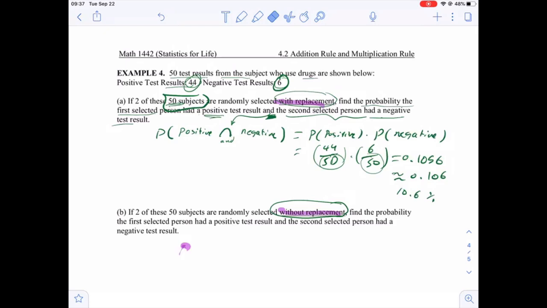So for the first one, the probability that the first is positive and the second is negative, in this case without replacement, is the probability of positive times the probability of negative. We still have independent answer, because if the first one is positive, the second one is not affected by whether the first one is the choice.